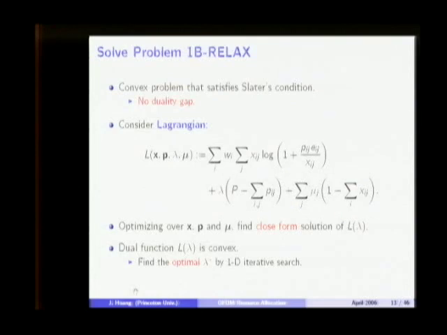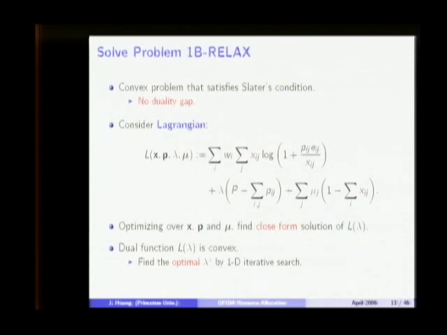So let's first solve the relaxed problem. As we said, with this formulation it's a convex problem, and it satisfies Slater's condition, so there's no duality gap. We can use the usual dual algorithm to solve it. So consider the Lagrangian by relaxing the total power constraint and the time allocation constraint per tone, right? And we can optimize this Lagrangian over the time allocation x, the transmission power p, and the dual variable associated with x.